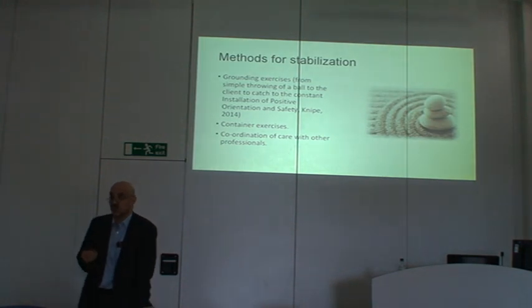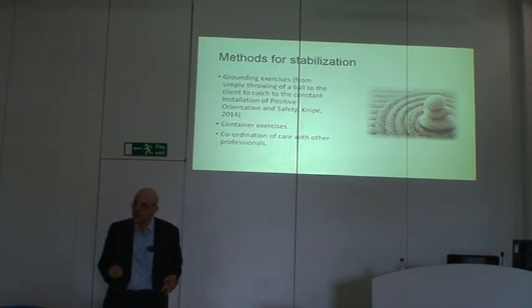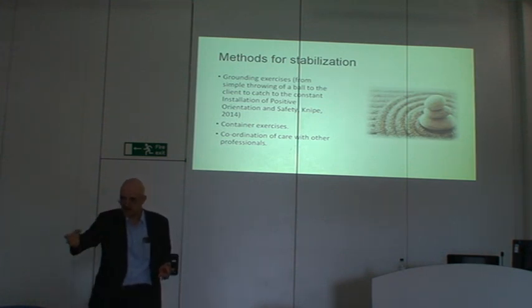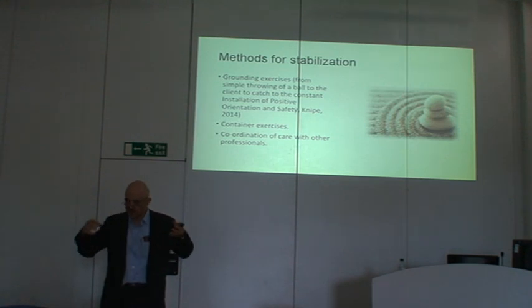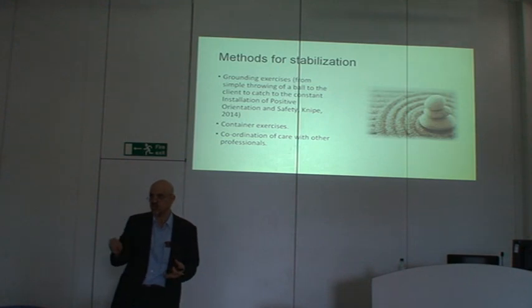In clients with dissociation, we use grounding techniques, and there is a spectrum of grounding techniques. I don't want to go into details, but they range from throwing a ball or a pillow or a piece of paper to the patient to pick up, to make them come back to the here and now, to the technique called 3-2-1, in which we ask the patient to hear two things, see two things, and touch and describe the gesture of two things.